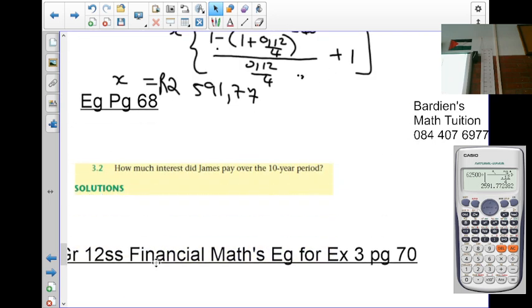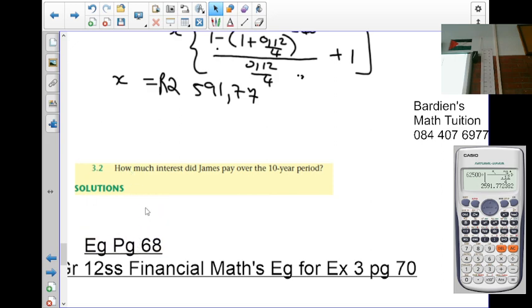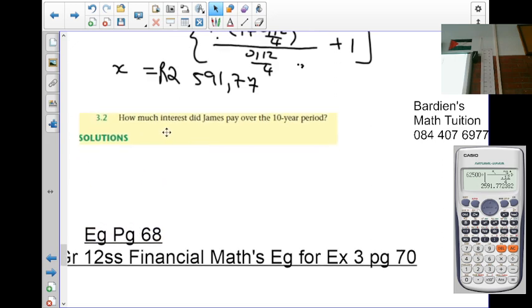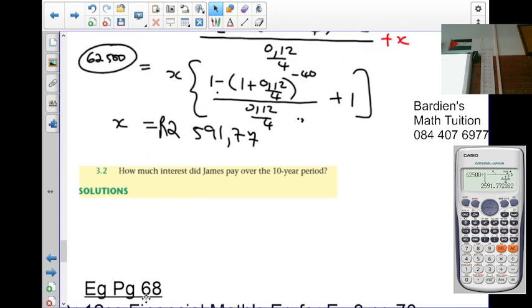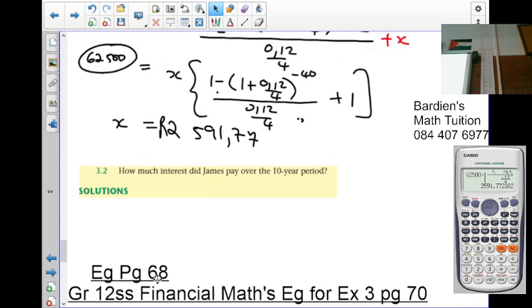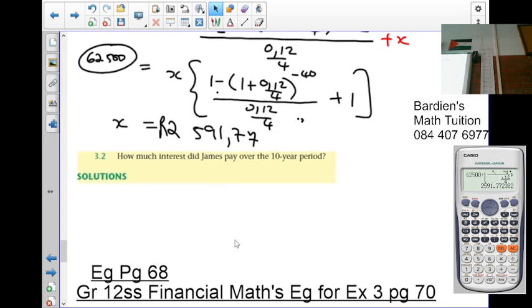The second part says, how much interest did James pay over a period of 10 years? So now we're calculating the interest incurred over the period of 10 years. The amount of money that he paid will definitely be more than the loan amount.